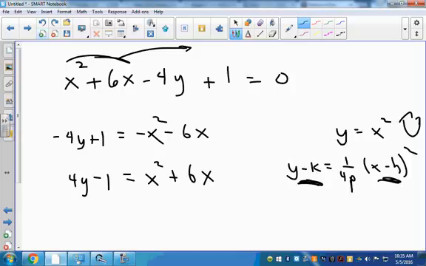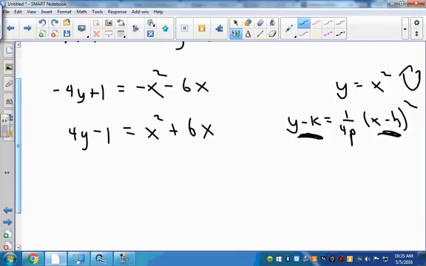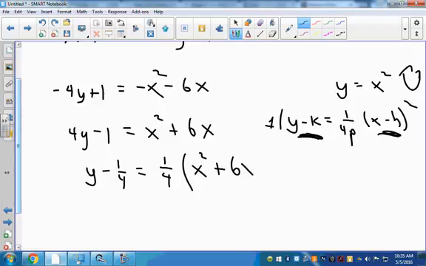Okay? I really don't want 4y, I want 1y. So let me divide everything through by 4. Y minus 1/4 is 1/4 times x squared plus 6x. Okay, same problem.